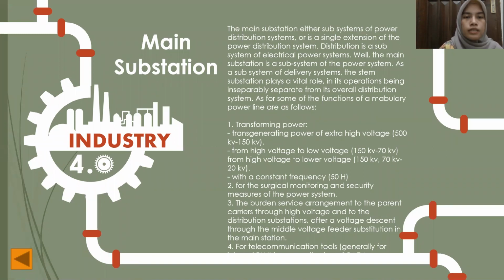next, main substation. The main substation is either a subsystem of the power distribution system or a single extension of the power system. Distribution is a subsystem of the electrical power system, while the main substation is a substation of the power system.